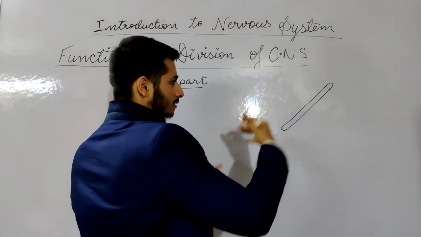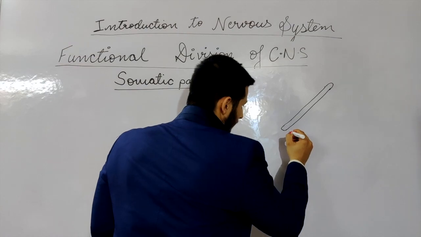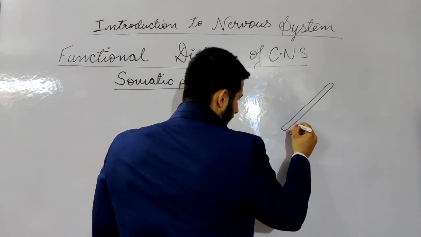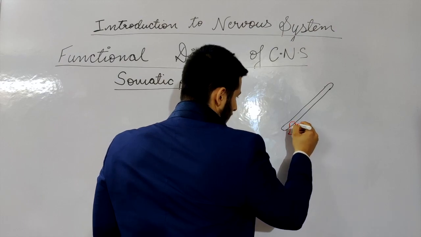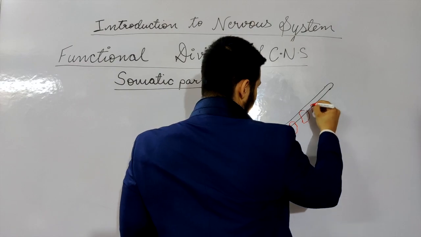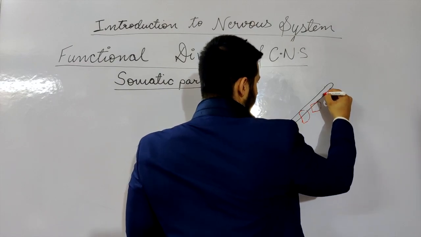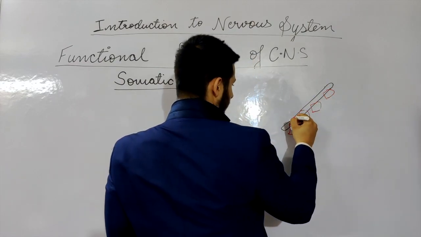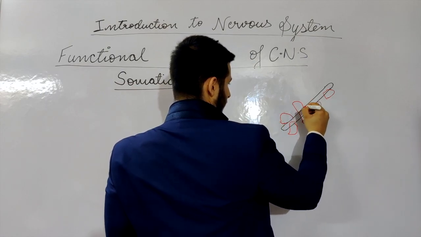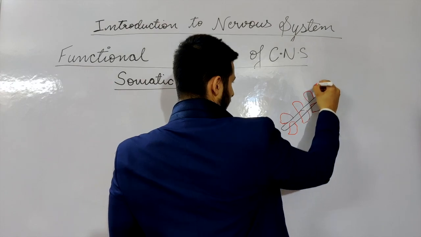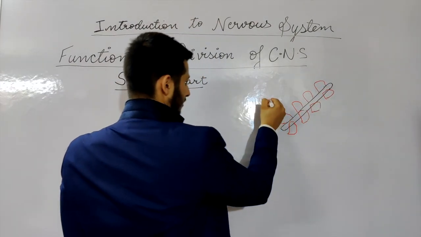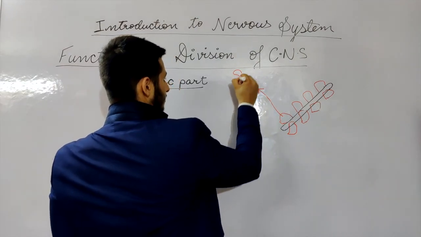Now along the neural tube we have certain structures. These structures are known as somites.